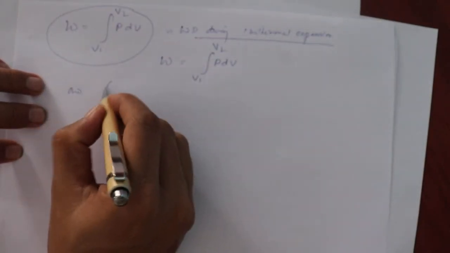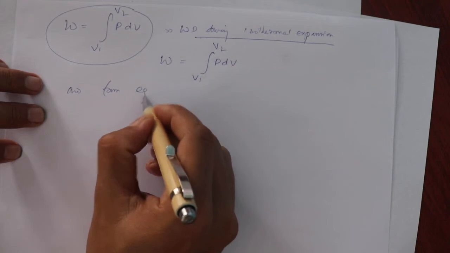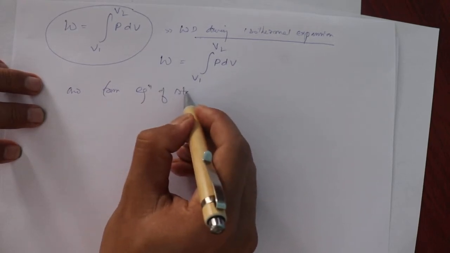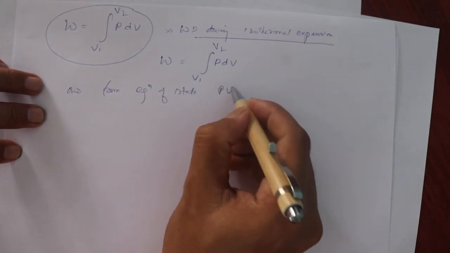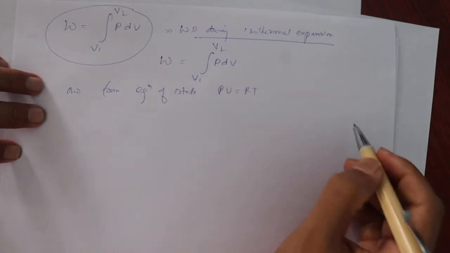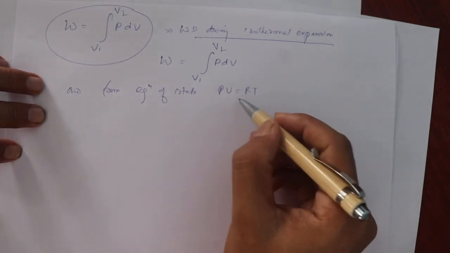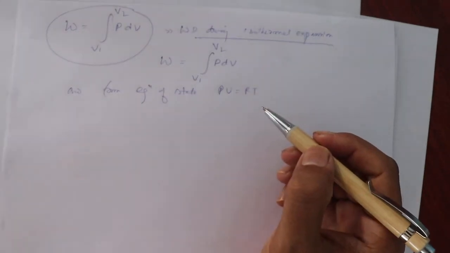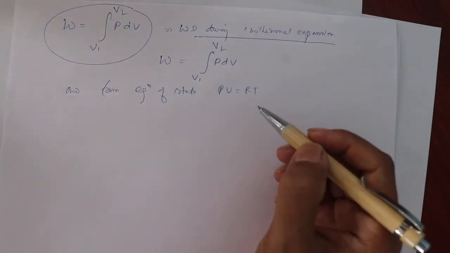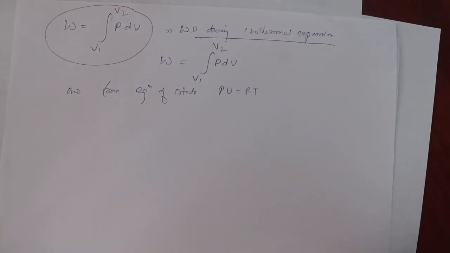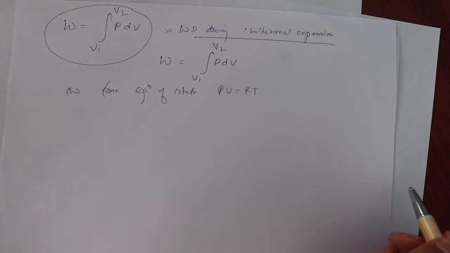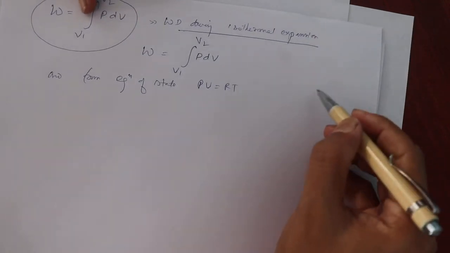and from the equation of state, PV is equal to RT. Actually this formula, the equation of state, should be found in your class 11 chemistry. If you have not seen it before, just imagine like this: PV is equal to RT.